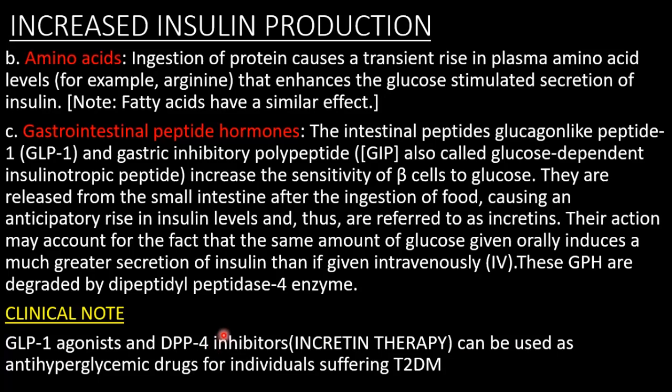I hope you have understood how these drugs work: GLP-1 agonists will sensitize the beta cells to glucose, and DPP-4 inhibitors will inhibit DPP-4, so it will not degrade these gastrointestinal peptide hormones.